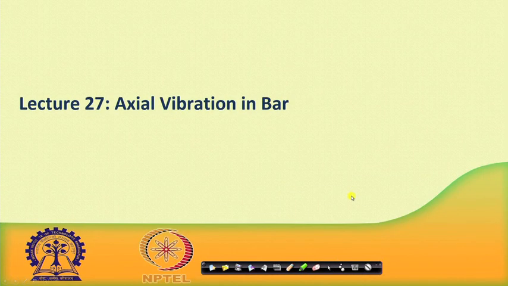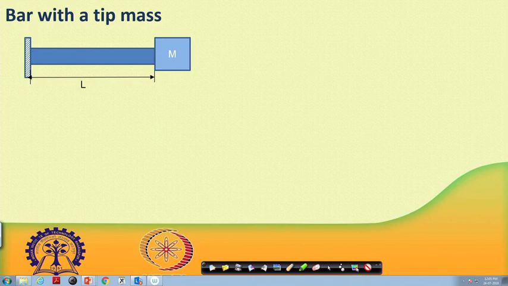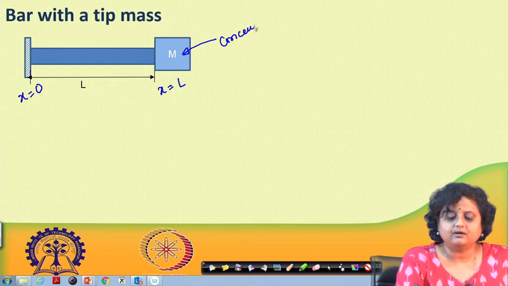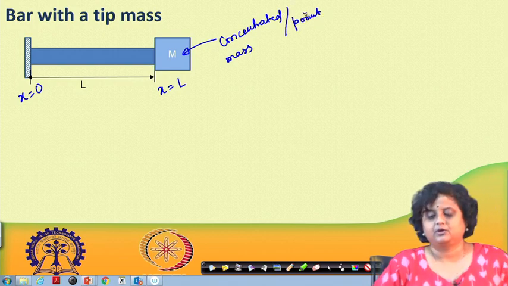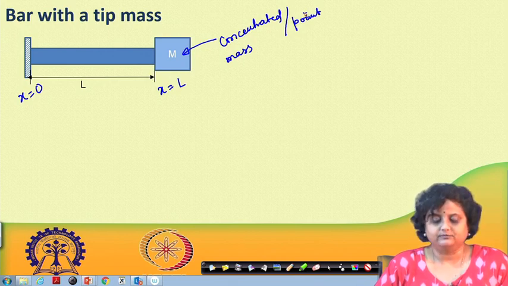So, let us go into this example of a bar which is undergoing axial vibration, but it has a very different boundary condition where one end, that is at x equal to 0, is fixed, while at the other end, that is at x equal to L, there is a concentrated mass M. So, this is a concentrated mass or a point mass, if you want to call it that way, at x equal to L, and we want to find out the natural frequencies and mode shape of this system.